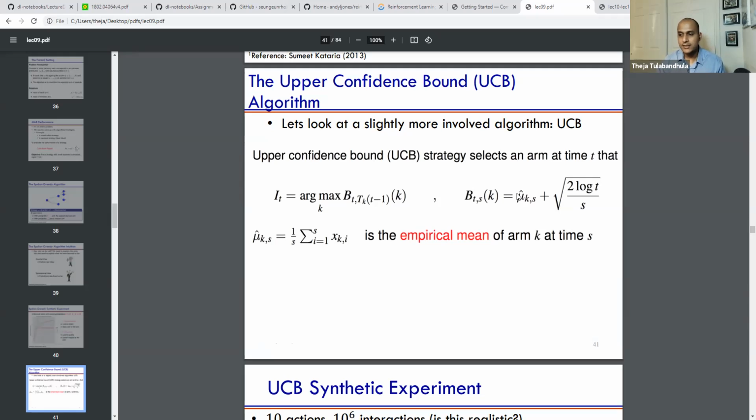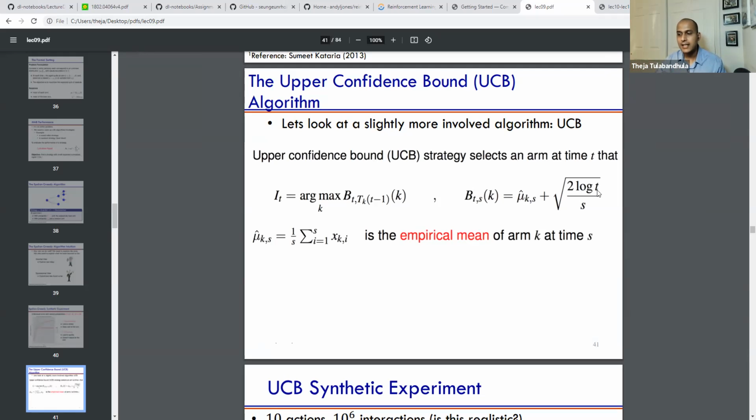So this is just the empirical average, mu hat. You can compute mu hat for each of your actions up to any given point, and then for each action you also add an extra term. That term just depends on how long you have been interacting with folks overall.